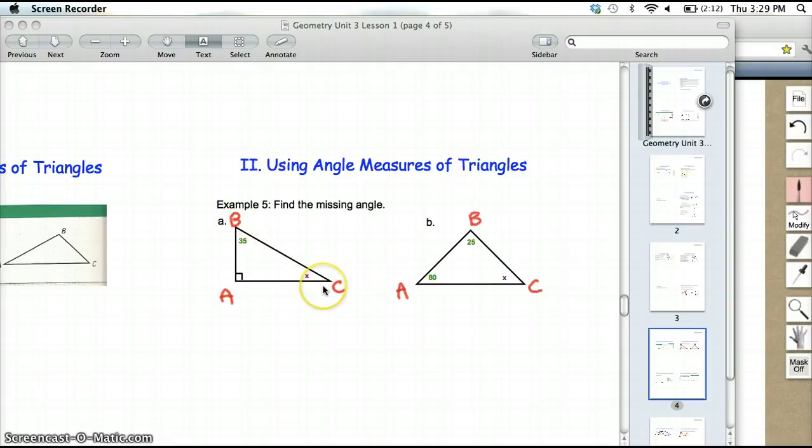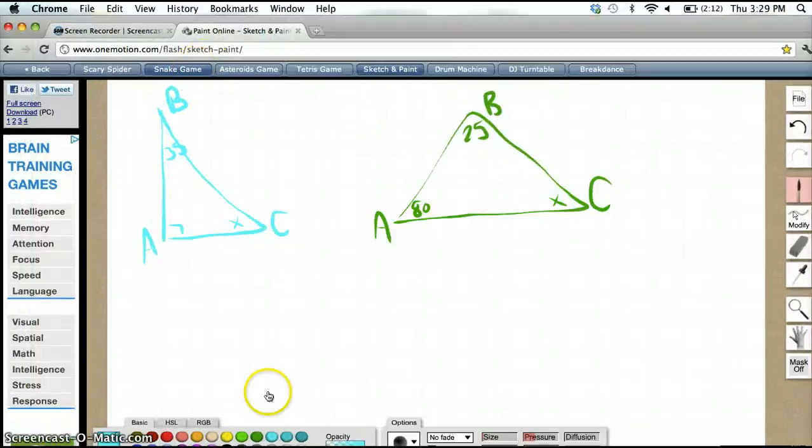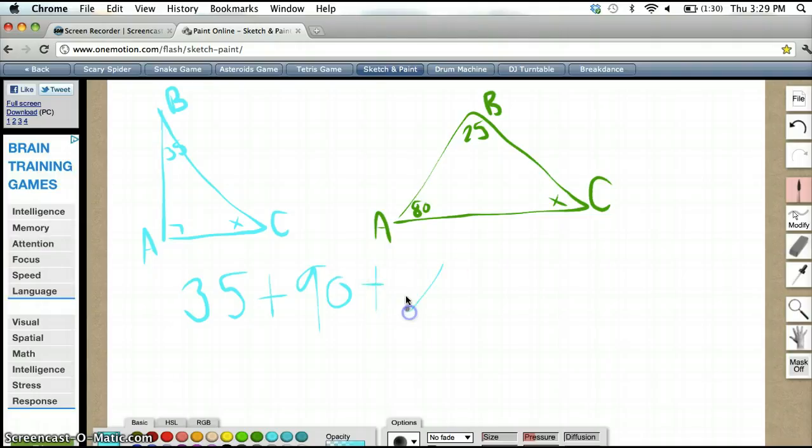In order to solve for the third angle, we will add up all three angles and set them equal to 180 degrees. So we have 35 degrees plus 90 degrees plus x degrees, and that sum will be set equal to 180 degrees.